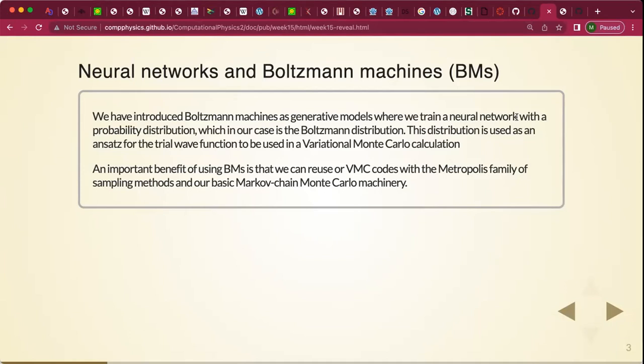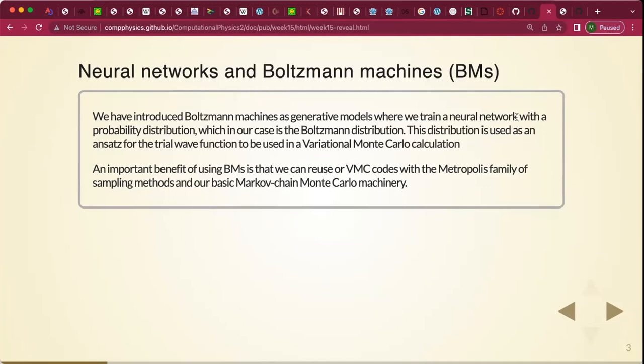One of the reasons why we have focused on Boltzmann machines is the pedagogical aspect, which allows us to reuse everything we did in project number 1 and use the Markov chain Monte Carlo machinery. We can then use the Metropolis algorithm, we can use blocking, etc., in order to find the best possible expectation values with their best possible standard deviations.